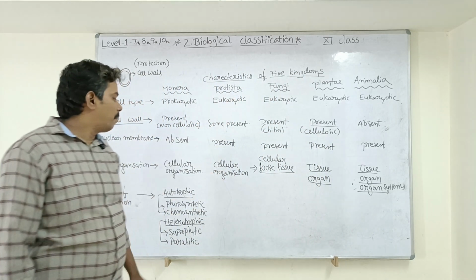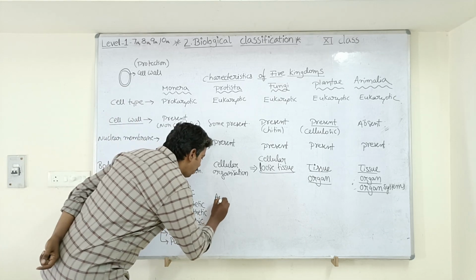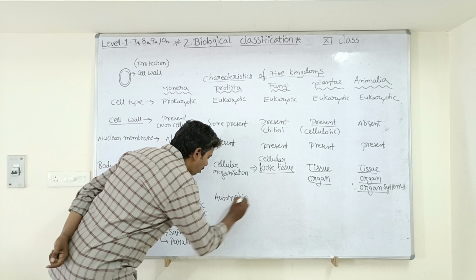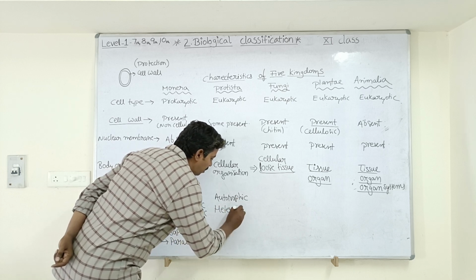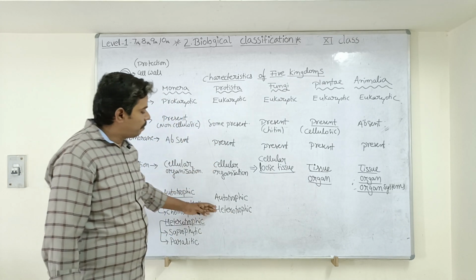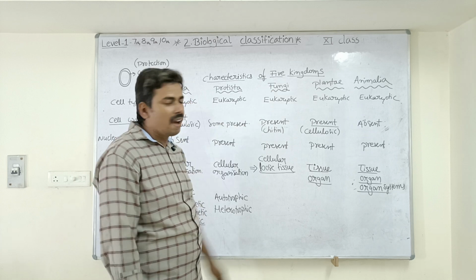Next, coming to kingdom Protista. What type of nutrition? Some are autotrophic and some are heterotrophic. Next, kingdom Fungi.